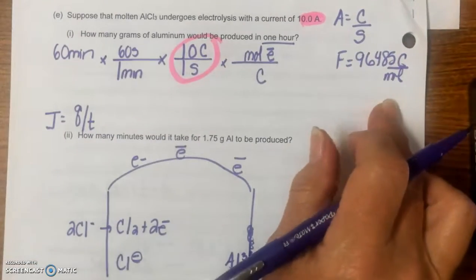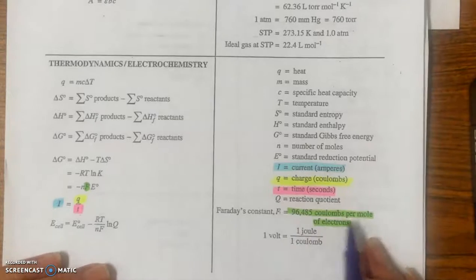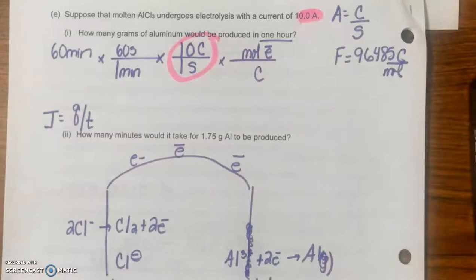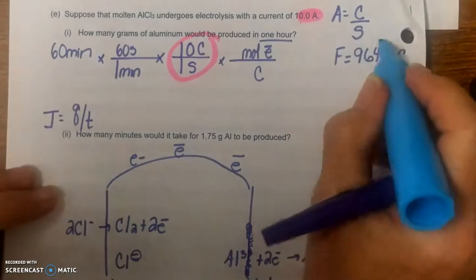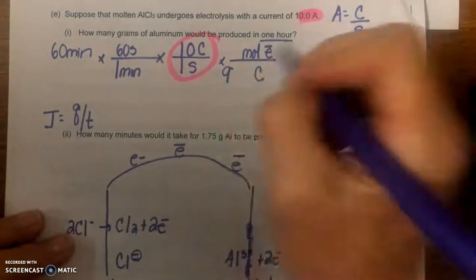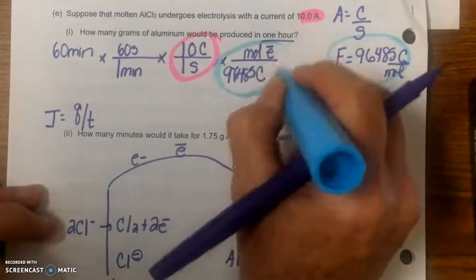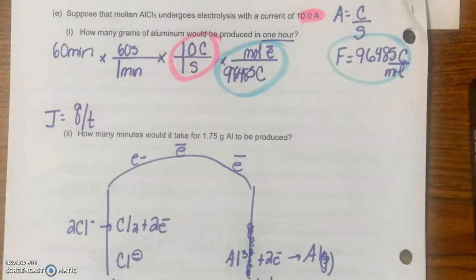That's in your formula chart, remember? F is coulombs per mole. So I'm going to put that here. This is important because this is the conversion that I'm going to use.